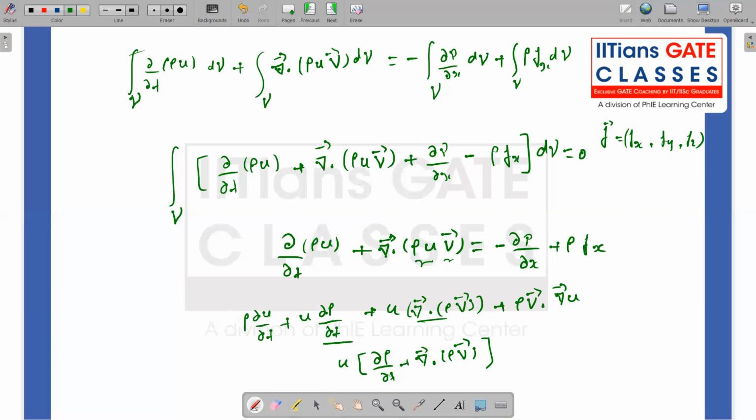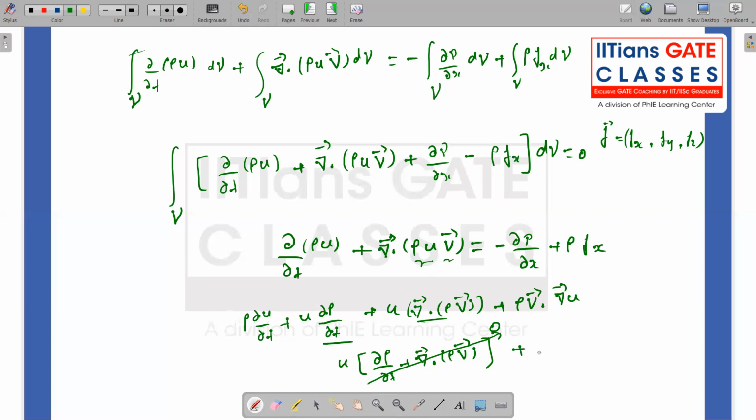From the continuity equation, we saw that dou rho by dou t plus divergence of density times velocity vector is going to be 0. So this entire term I can treat as 0, because the continuity equation says this is conserved.